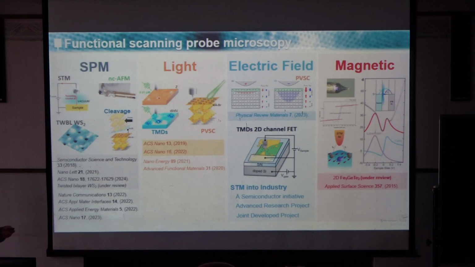In cooperation with an industry company, we also designed a gate voltage sample to do STM measurement. Finally, we also have some studies on magnetic materials, because sometimes the tunneling current can respond to the material's magnetic interaction.